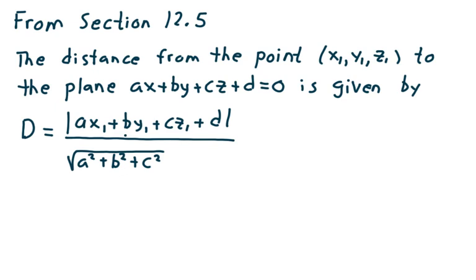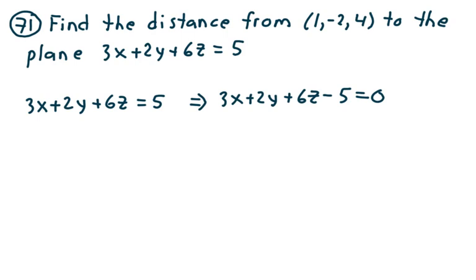Now, let's take a look at problem 71. In problem 71, we want to find the distance from the point (1, -2, 4) to the plane 3x + 2y + 6z = 5. And I want you to look at how the plane is written, and it's very intentional.